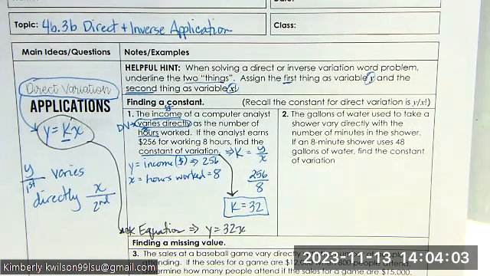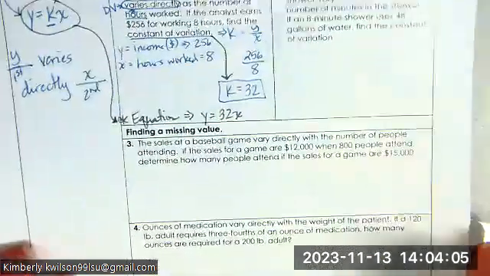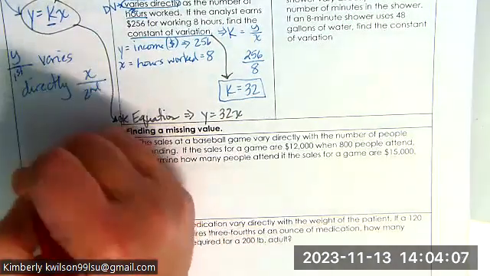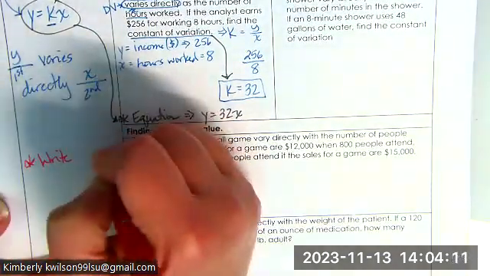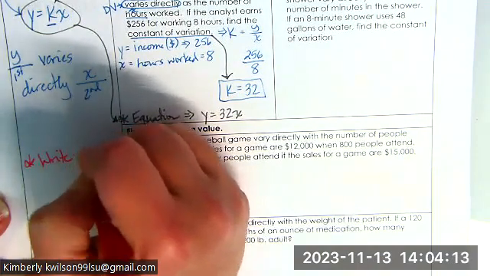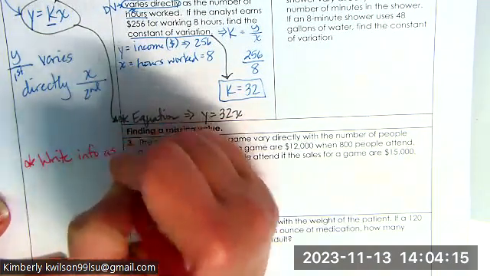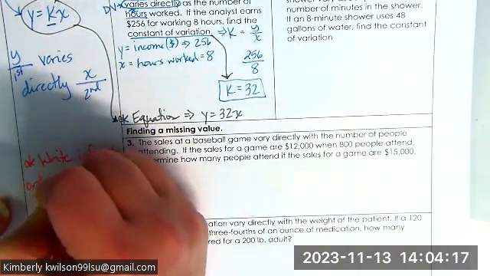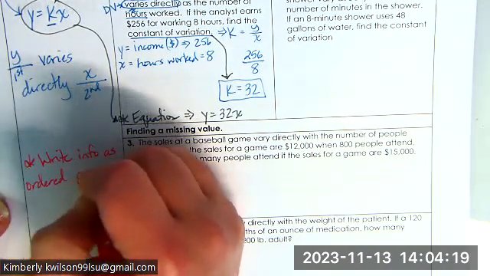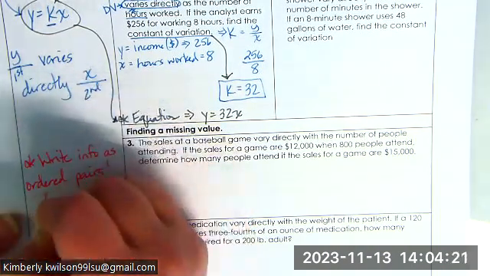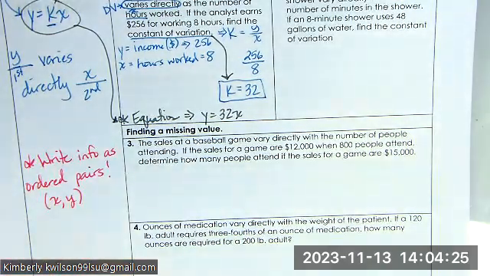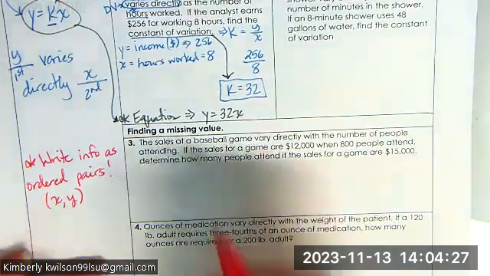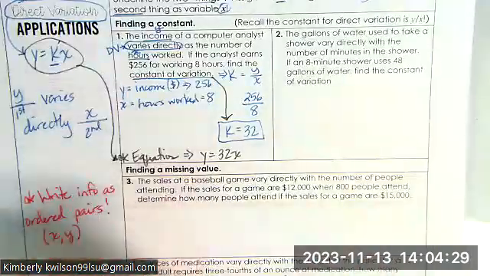Okay, so we're looking at number 3. This is where we're finding a missing value. What you want to do to help yourself is to write info as ordered pairs, like x comma y. We want to take our information and write it as ordered pairs. Now, remember, it's still y varies directly with x.